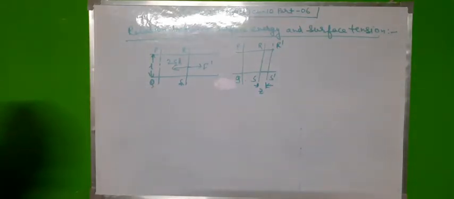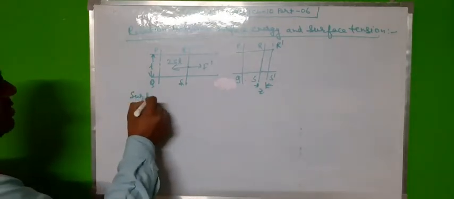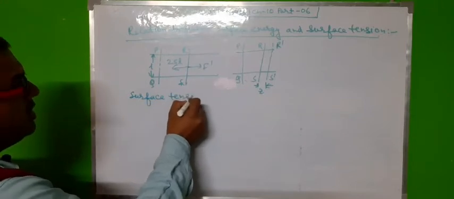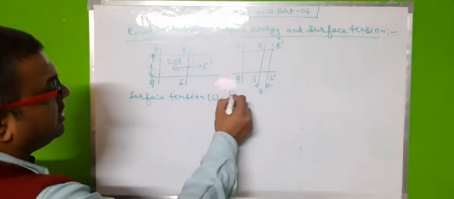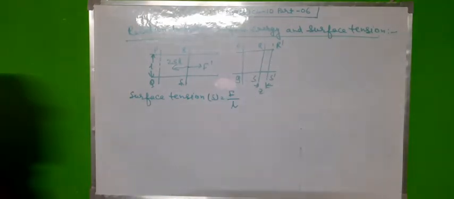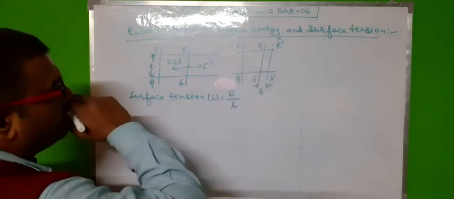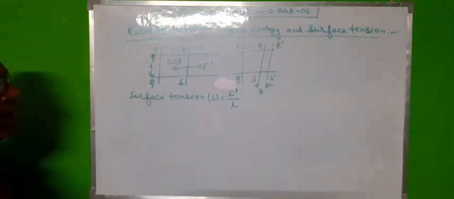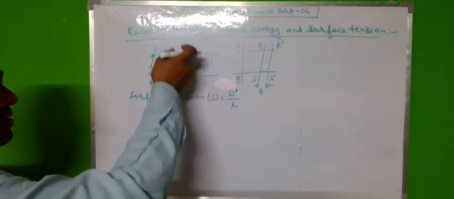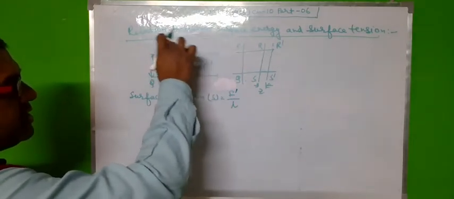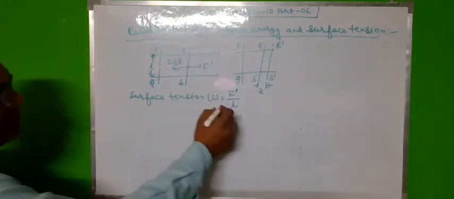So dear students, surface tension S can be written as force per unit length, and the force acting is F dash. Since the liquid inside this PQRS has two faces, we can write it as F dash upon 2L.